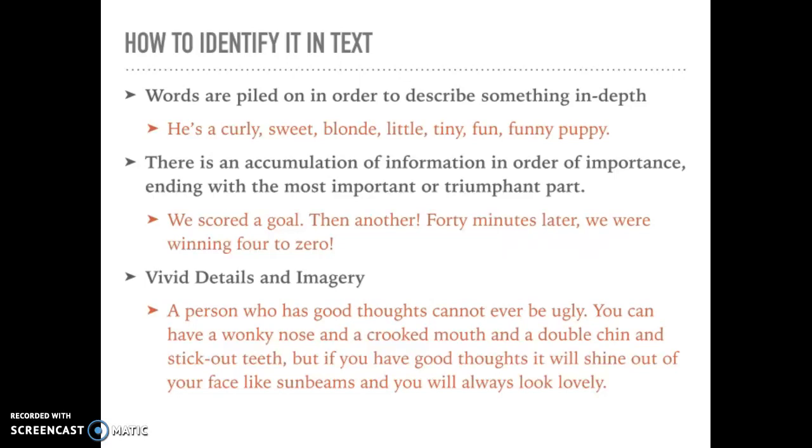The author is trying to say that a person who has good thoughts can never be ugly. By explaining this with vivid imagery of an ugly person and showing how their good thoughts overcast the ugliness, the author is emphasizing the point he's trying to make.